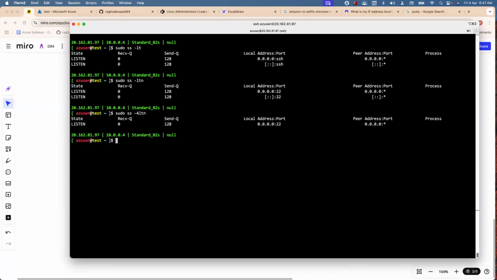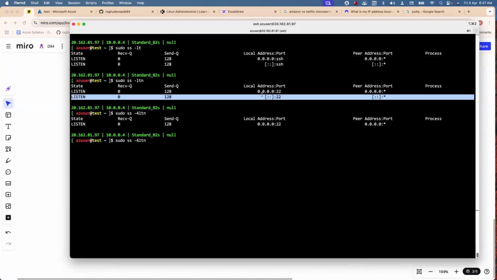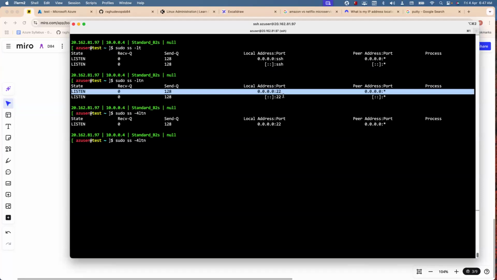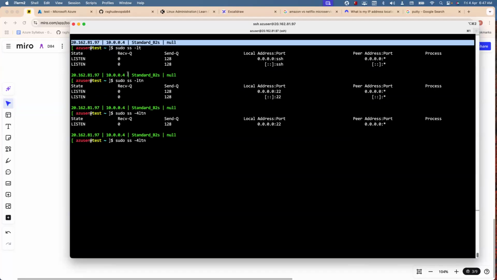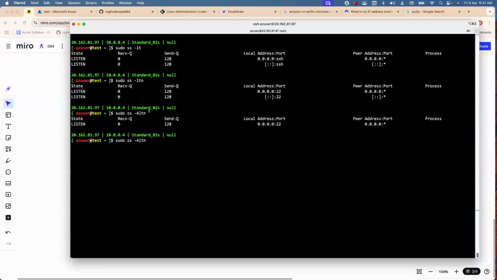You can use 4 also, -4l. There are two types of addresses in networking, IPv4 and IPv6. The IP addresses we see, like 10 dot or 20 dot, are all IPv4 addresses, and mostly we deal with IPv4, especially around the server world.